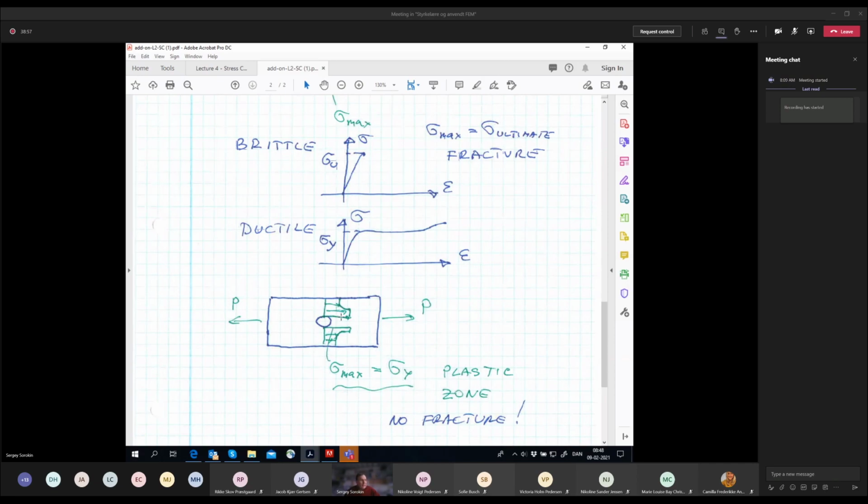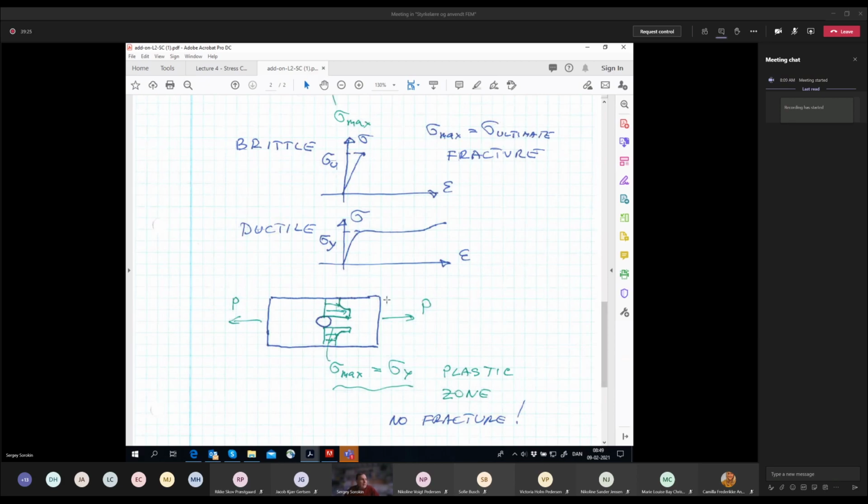Then the plastic deformation will occupy the whole cross section here and here. So by the end of the day, you have uniformly distributed yield stresses. In this case, of course, you have very, very large deformation, but the stress concentration factor turns to 1.